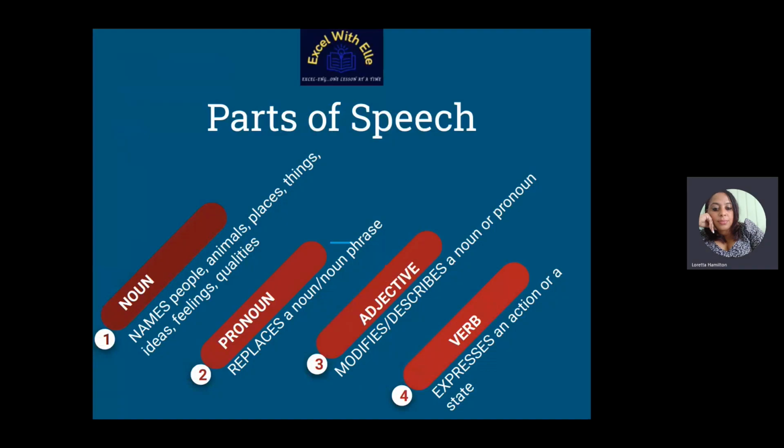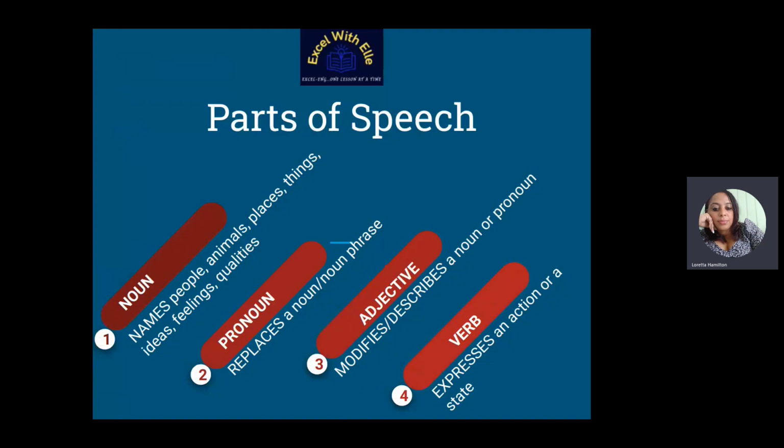So any word that you see in any sentence that does the work of naming, it could be naming a person, an animal, a place, a thing, an idea, a feeling, a quality, etc. Once that word does the work of naming, its function is to name, then we categorize that particular word as belonging to the class of nouns.